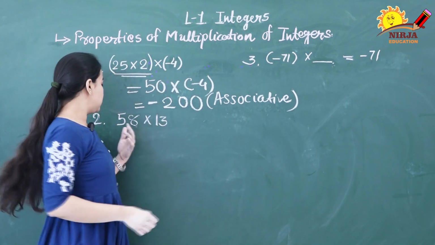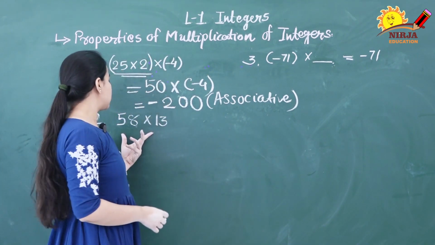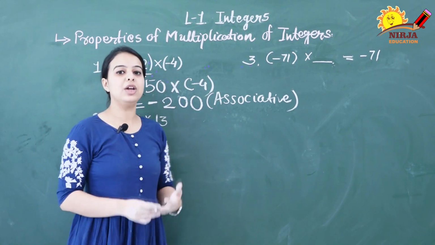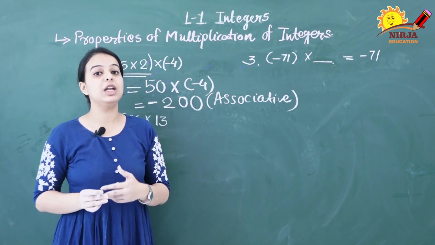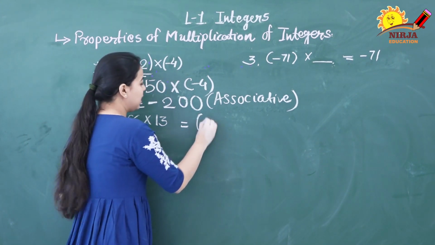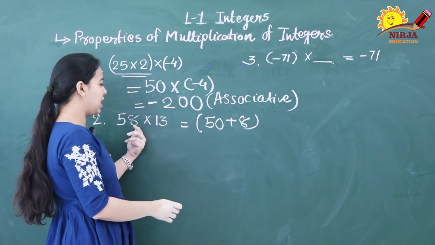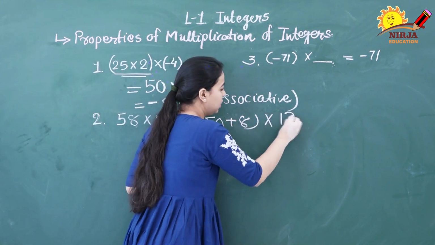Next example is 58 multiplied by 13. This multiplication you can do as you are multiplying whole numbers, but here we need to apply the properties. So this 58 we can write as 50 plus 8. 50 plus 8 is 58, right? Multiplied by 13.